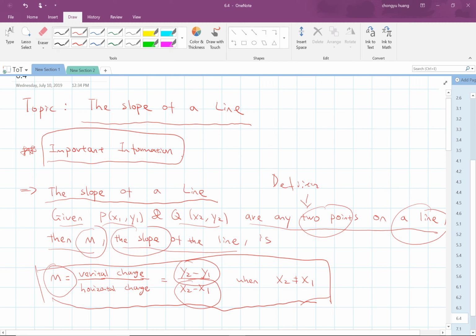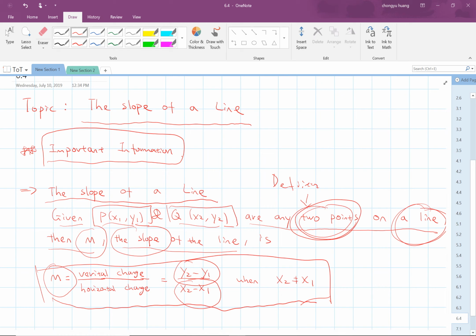Here we have 2 points, point P and point Q. If you want to calculate a slope, you need any 2 points on a line.